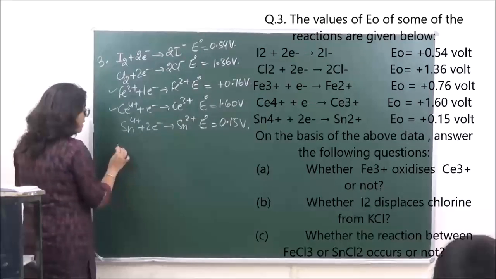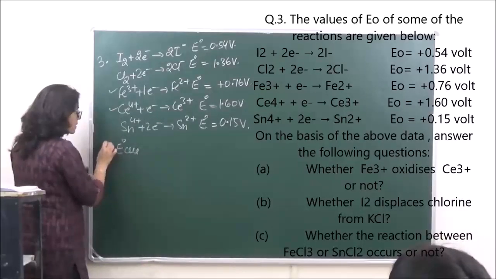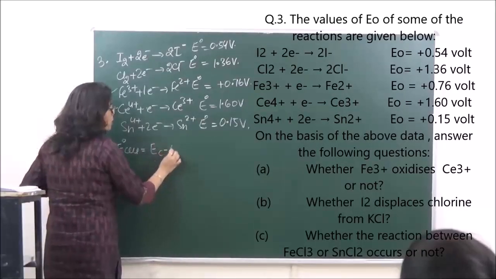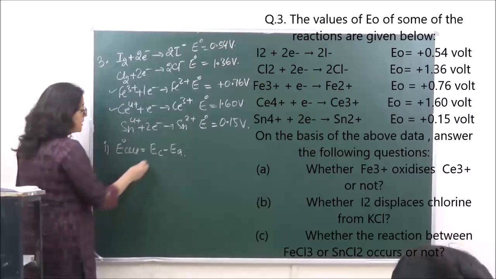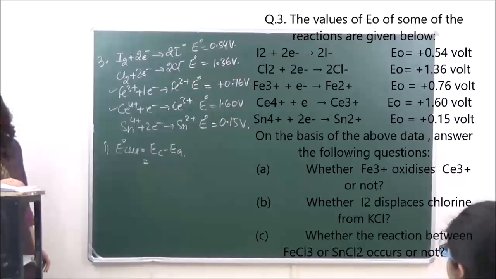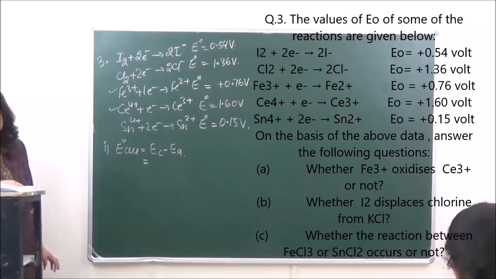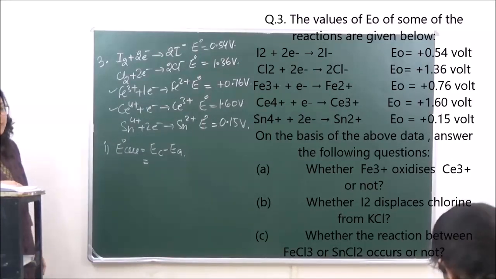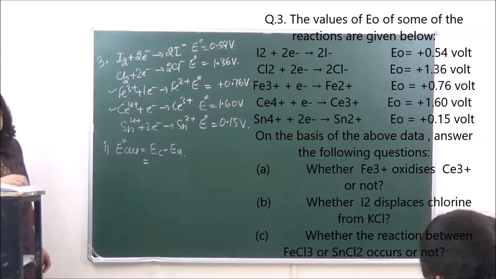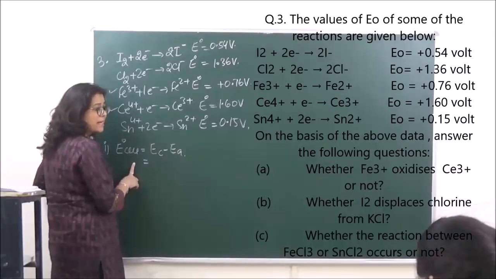So the E0 cell for this reaction should be equal to what? E cathode minus E anode. We are saying that cerium is being oxidized over here, so what should be the value of E naught? Oxidation value of E naught should be minus 1.60 volt. So what will be the EMF? It will come as negative. Why?